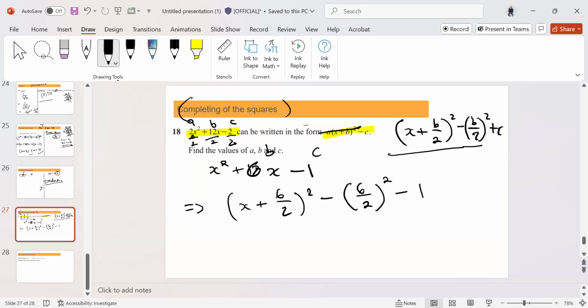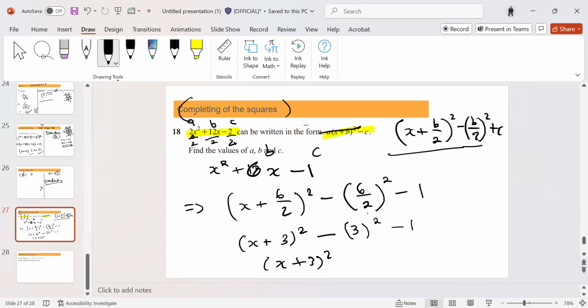Then we simplify the brackets inside. So it's going to be x plus 3 here squared minus 3 squared, minus 1, and we end up with x plus 3 squared.